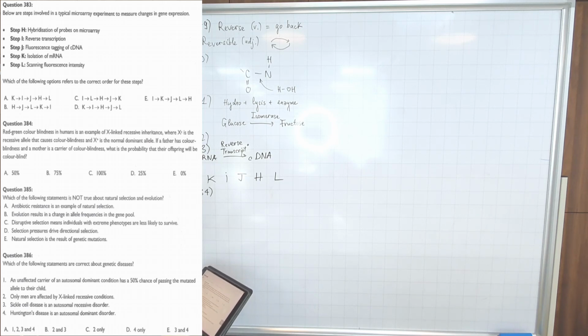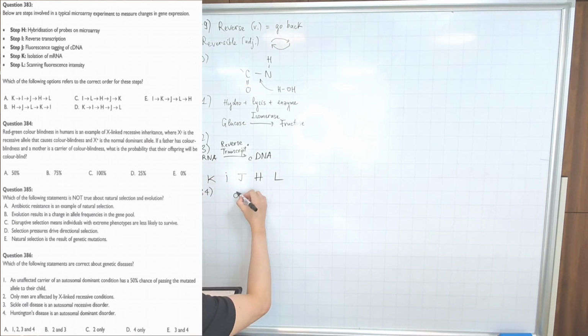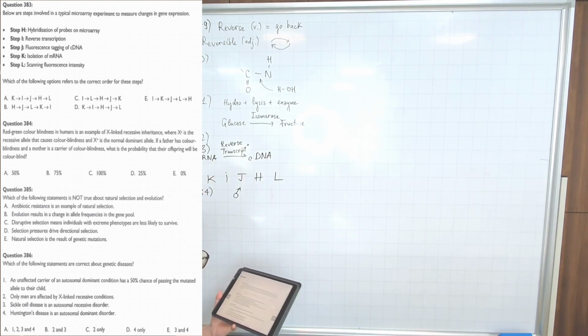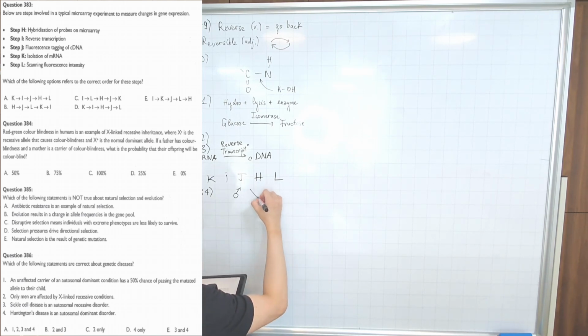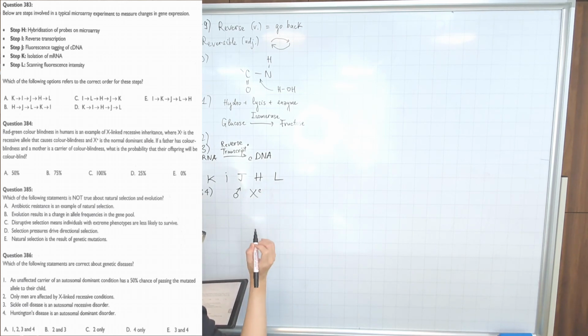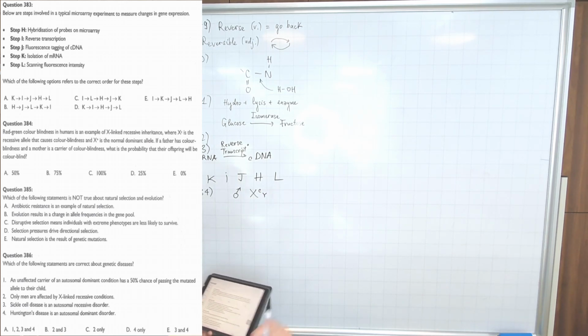If a father has color blindness and a mother is a carrier of color blindness, what is the probability that their offspring will be colorblind? Nếu một người cha có bệnh mù màu, of course he has to have XcY, right?